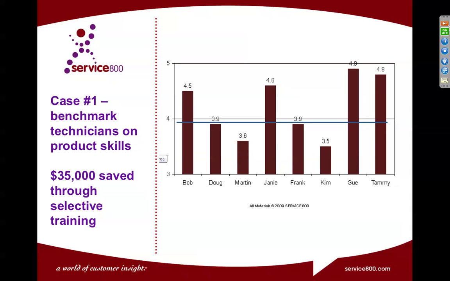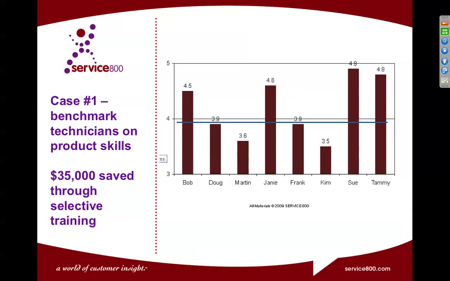What that organization did to react to the concern that they're receiving from their customer base, that their service on that particular product was very poor, is they selected just those individuals who were performing below the benchmark, and they spent their training dollars on just the individuals that needed the most improvement in those technical skills for that particular product.